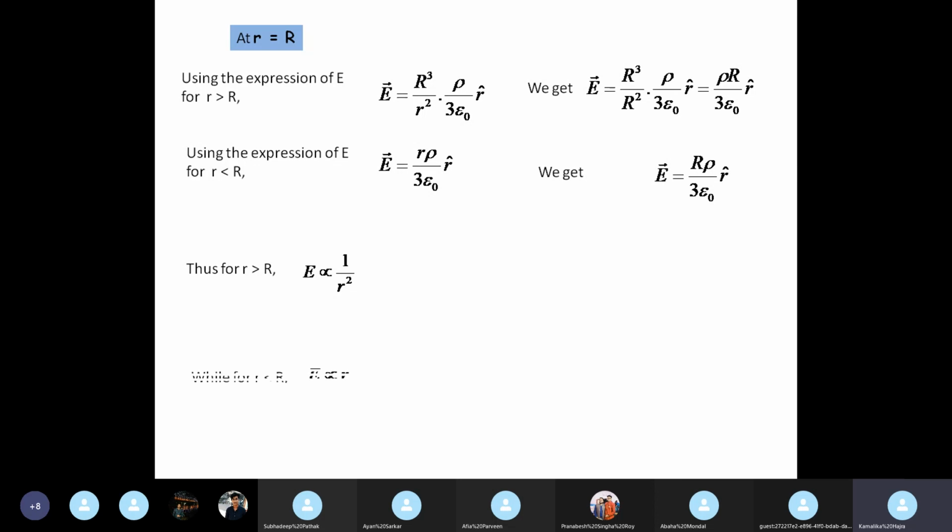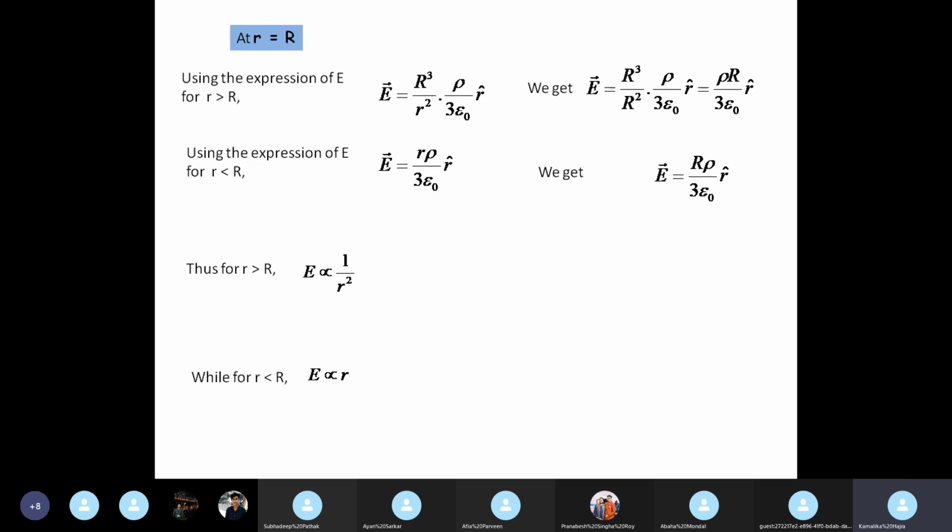On the other hand, for r less than capital R, E is proportional to r. So E changes directly as r. The more you move away from the center of the sphere, that is, the more you increase the value of r, the value of the field increases.